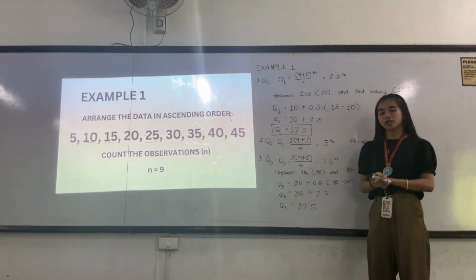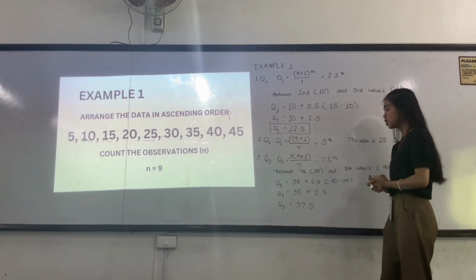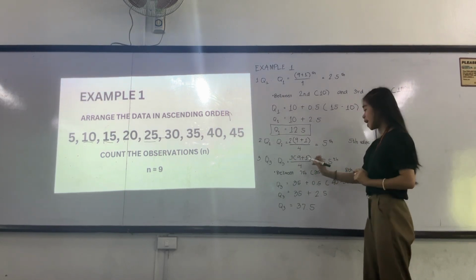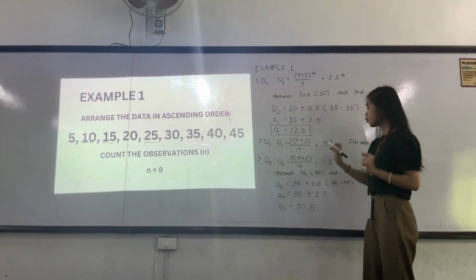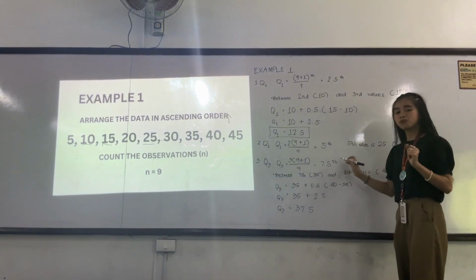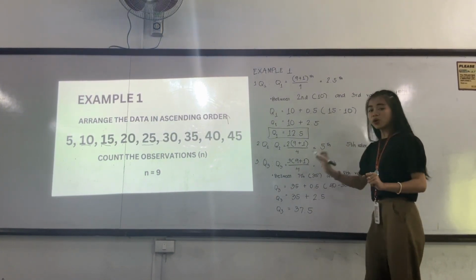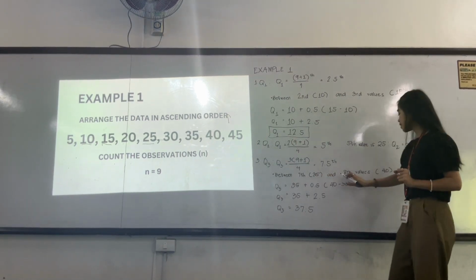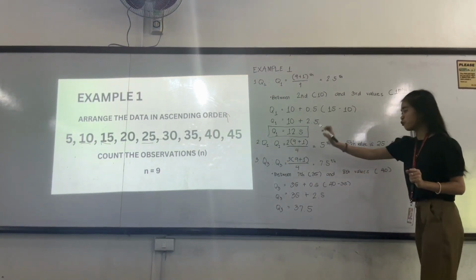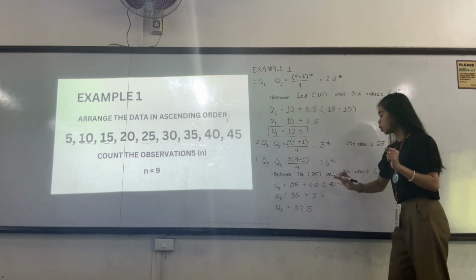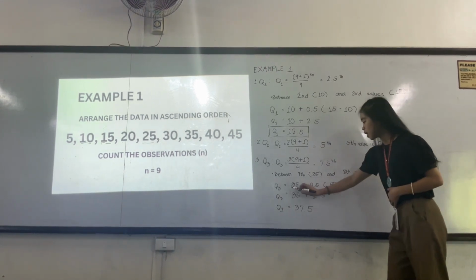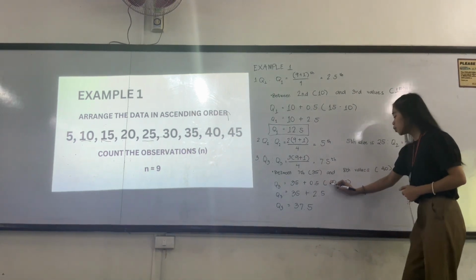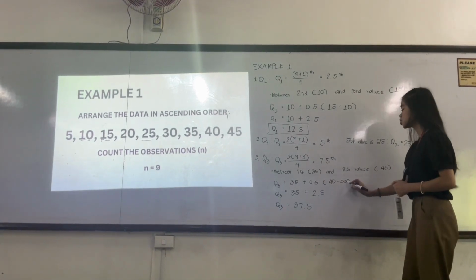So the last quartile we have is quartile 3. We have 3 multiplied by 9, which is the n, plus 1 all over 4. We have the 7.5th value. So it is between the 7th value, which is 35, and the 8th value, which is 40. So in getting the value of the quartile, we have 35 plus 0.5 multiplied by 40 minus 35.